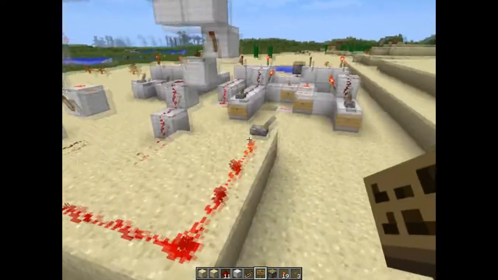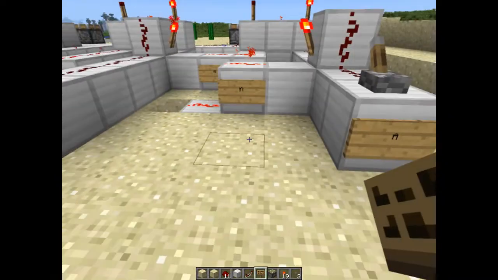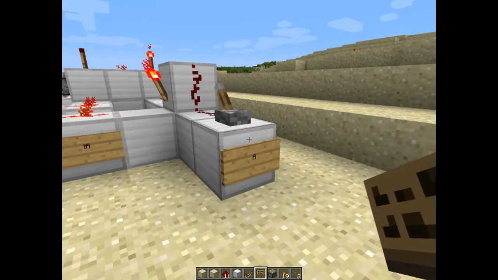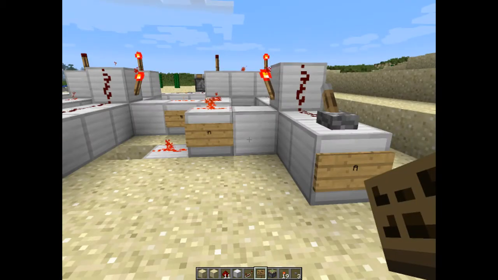Before we actually get to our final bit, I think we will just take this little setup here, because we have our NOT and our NOR and our AND and our OR.